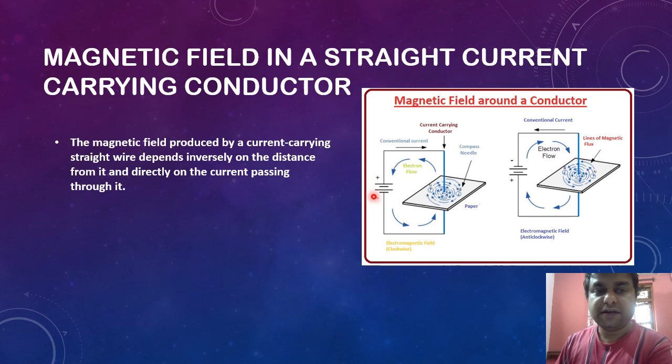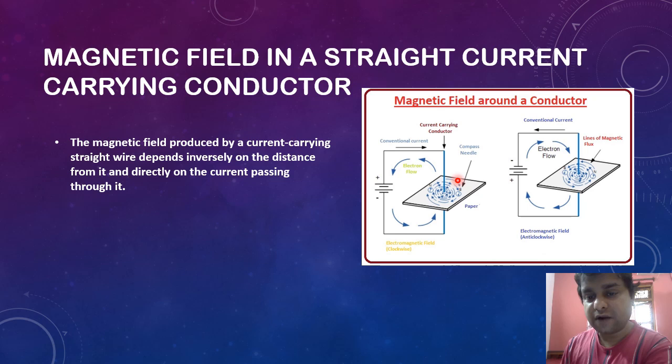So the magnetic field produced in both these cases by a current carrying straight wire depends inversely on the distance from it and directly on the current passing through it. If the magnetic field is weaker, that means the distance from the current carrying conductor is greater.